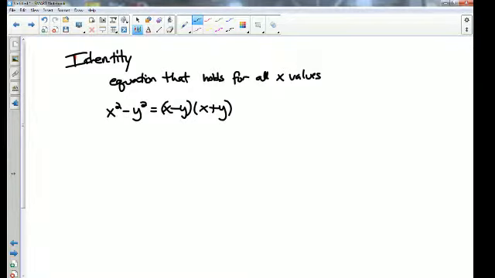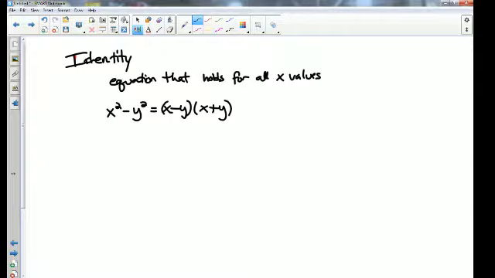Does that look familiar? We know it as the difference of two squares when we factored.